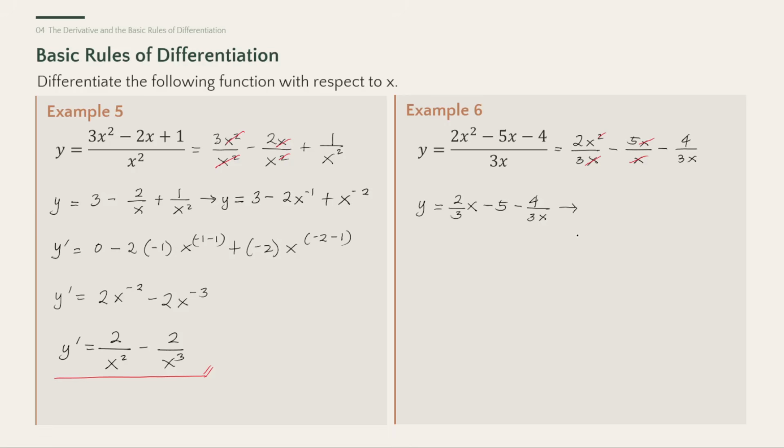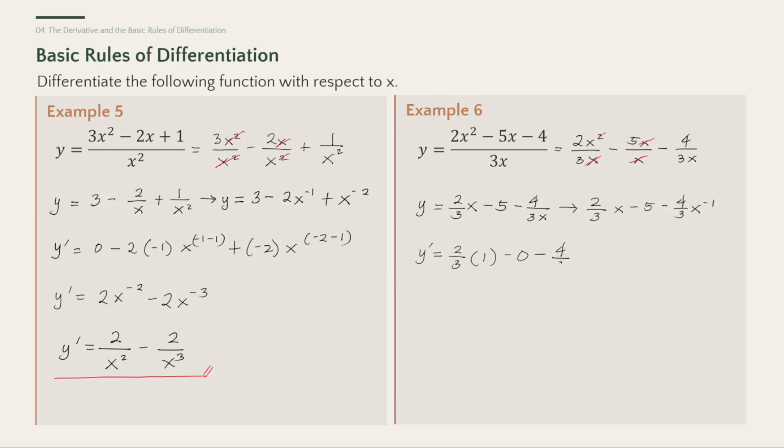We can't differentiate that directly because we still need to put the x term on the numerator. So the exponent becomes x raised to negative 1. Now we can differentiate. Again, as I said earlier, the derivative of x is just 1. 2/3 will not be affected. Derivative of 5, that is 0, that is constant.